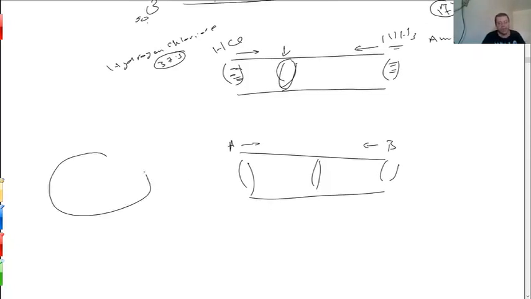If I have a container like this with a small hole, and I have gas A, gas B, and gas C, where the mass of this one is, say, 50, this one is 30, and this one is 15, which one of them diffuses faster in getting out of this container? The C. Which one will be at the highest concentration after some time?